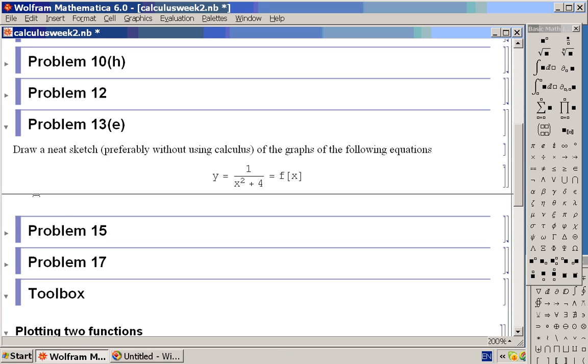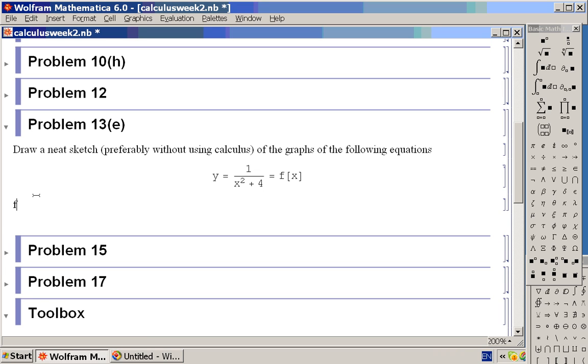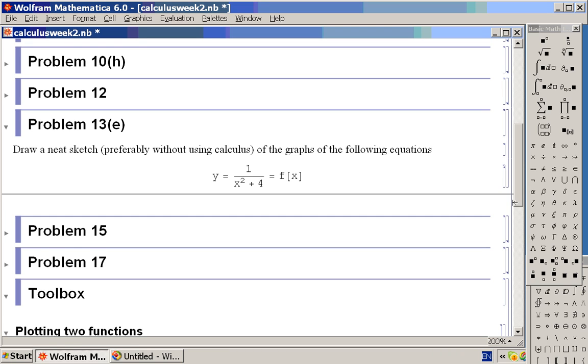So what do we know about this function? Well, firstly, let's copy this equation down.